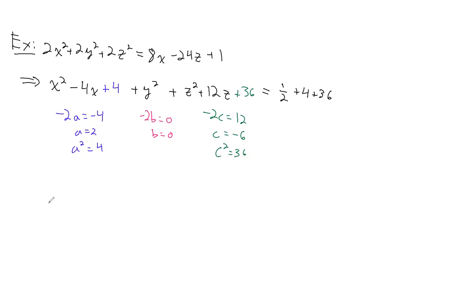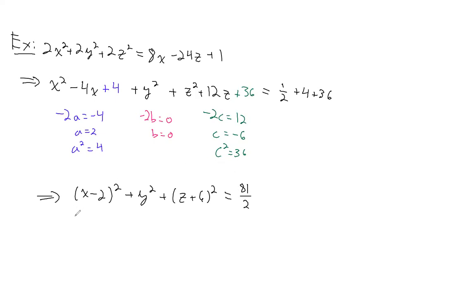So having done all of that, that gives us x squared minus 4x plus 4, which is (x minus 2) squared, plus y squared plus (z plus 6) squared is equal to 40 plus 1/2, or 81 over 2.